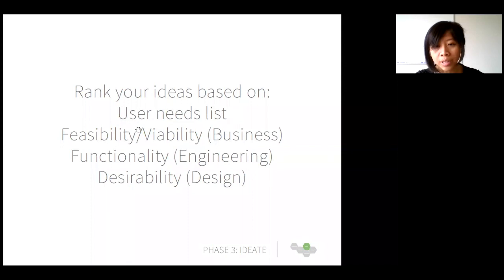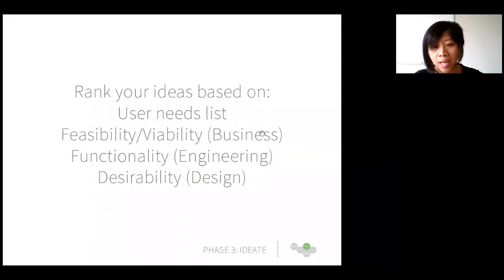So remember the user needs list I talked about before? Give each a score. So let's say your idea 1 could meet your top user needs, I don't know, 4 out of 5 as a rating. And then also do a rating based on these 3 factors. So how feasible or viable is your product?